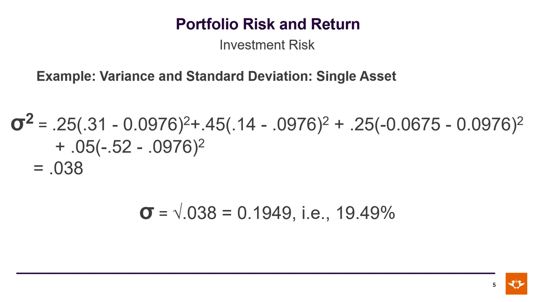Now, so that we can understand what the risk is for our asset, we actually use standard deviation, which is the square root of the variance, and in our case it turns out to be 0.1949, which is 19.49%. And since returns are given to us in percentage form, we now have a risk measure in the same units.